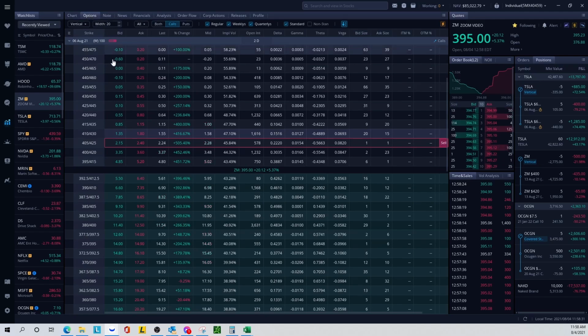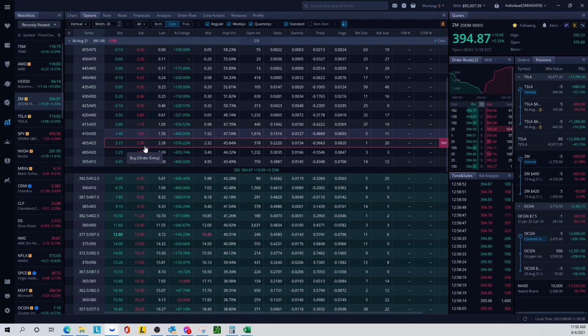Another thing you want to be mindful of is what's called the spread, and that's the difference between the bid and the ask. In most of these cases, we're looking at a 20 to 25 cent spread. Usually, you would like that to be closer, on the order of a couple of pennies.